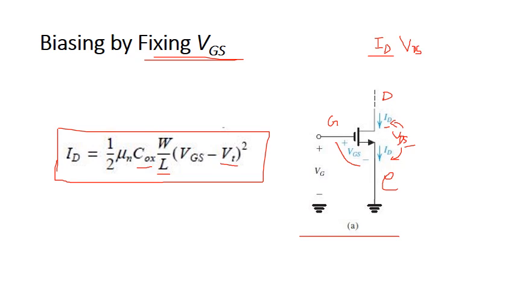Even if the transistor is of the same type and manufactured by the same company, these quantities vary. The oxide capacitance, W by L ratio, and the threshold voltage vary. Along with this, mu n and the threshold voltage Vt vary with temperature.